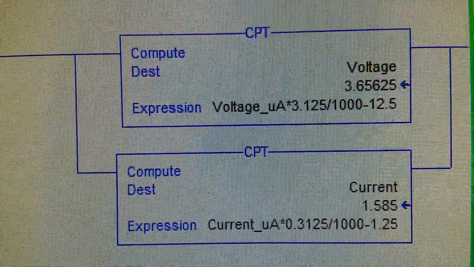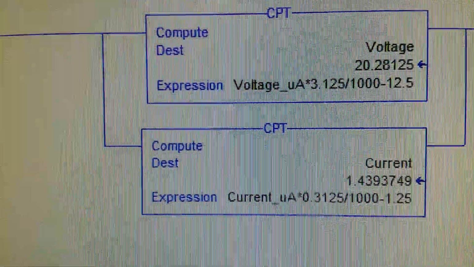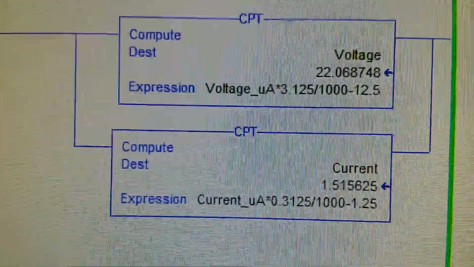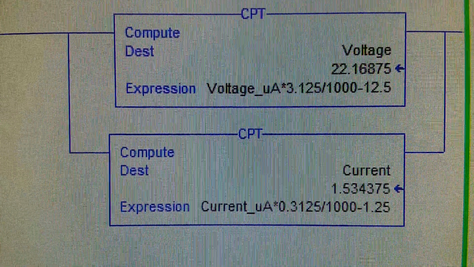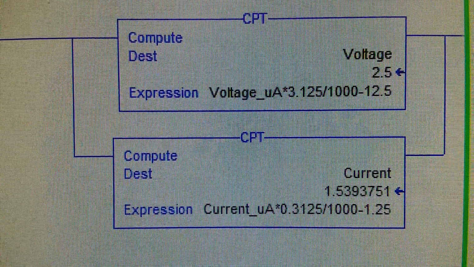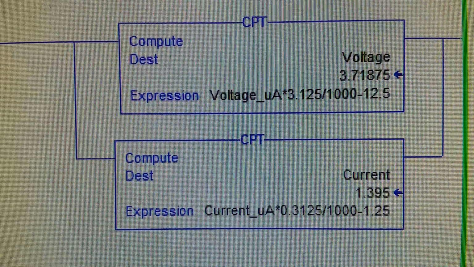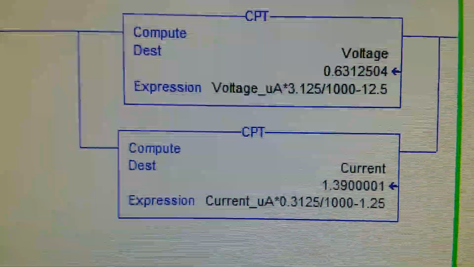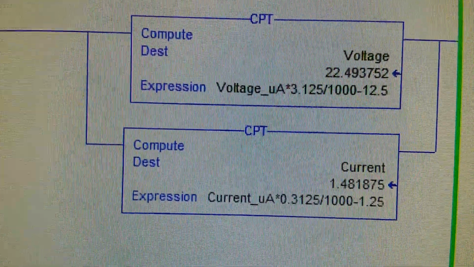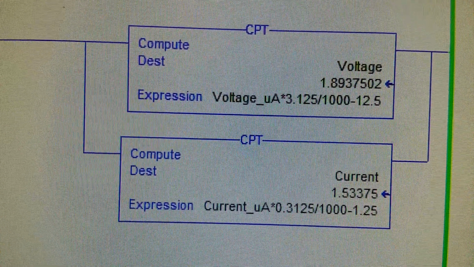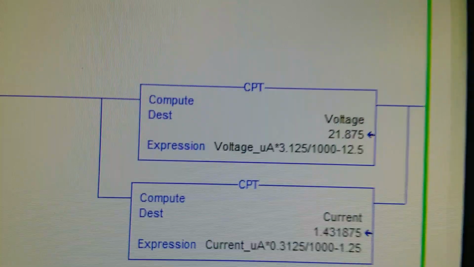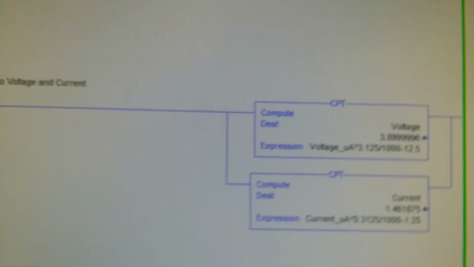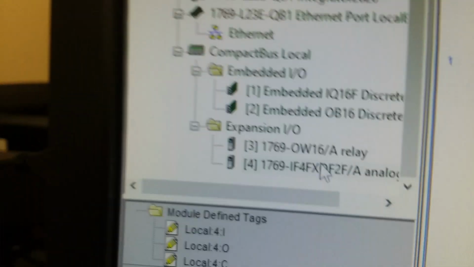But if you look at the current, our power supply is really noisy here, so the voltage is bouncing around, but the current is holding around about 1.5 amperes. So right now I've got it set so that I'm getting about 1.5 ampere of current out of this, but the voltage is bouncing around. So let's look at why it's bouncing around.